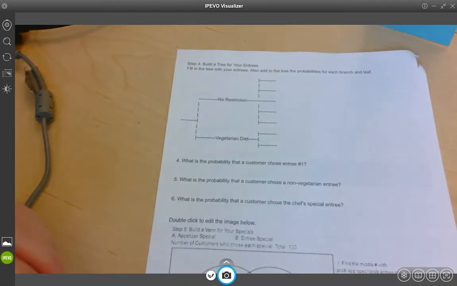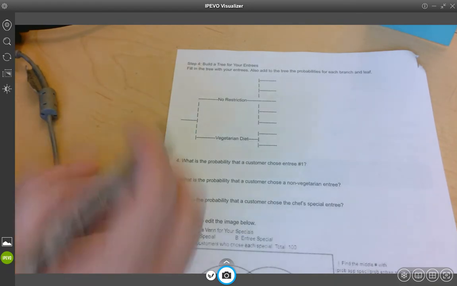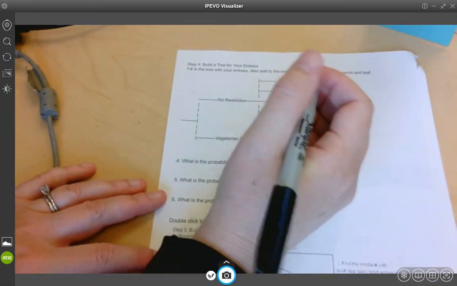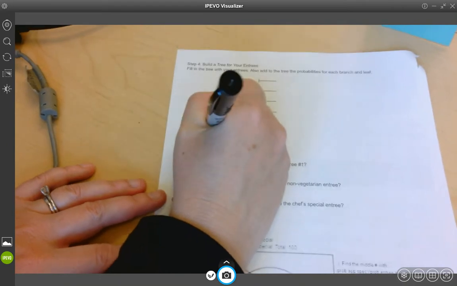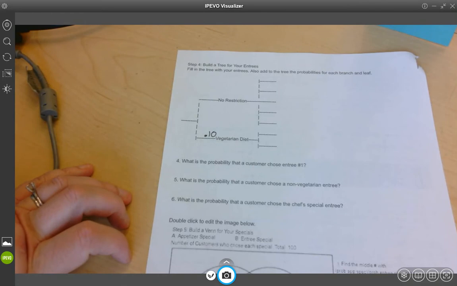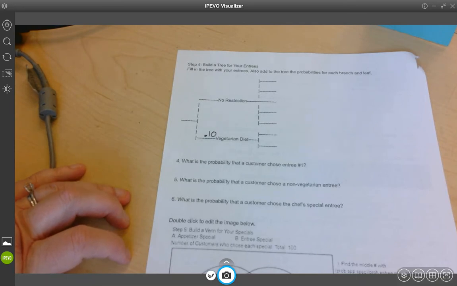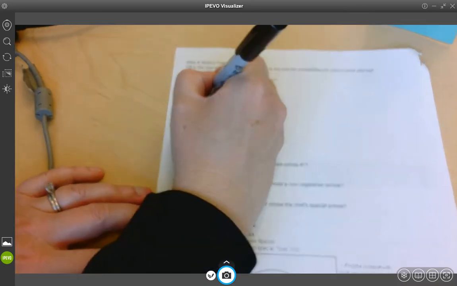So do you guys remember what % of people were vegetarian in London, Ontario, Canada? 10%, very good. So we're gonna put the 10% as a decimal, 0.10. And then what decimal will I use for the no restriction people? 10% are vegetarian. What % has no restriction? 90, good. So I'm going to do 0.90.